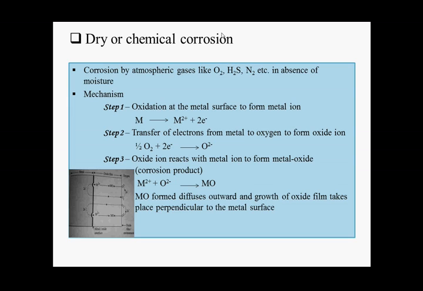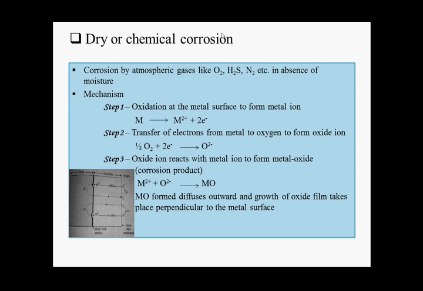So, as a first step, the metal undergoes oxidation. That is, the metal loses its electrons and forms metal ions. M gives M2+ plus 2 electrons. That's the oxidation process. So, these electrons transfer from the metal to the oxygen in the environment to form O2- ion, oxide ion.